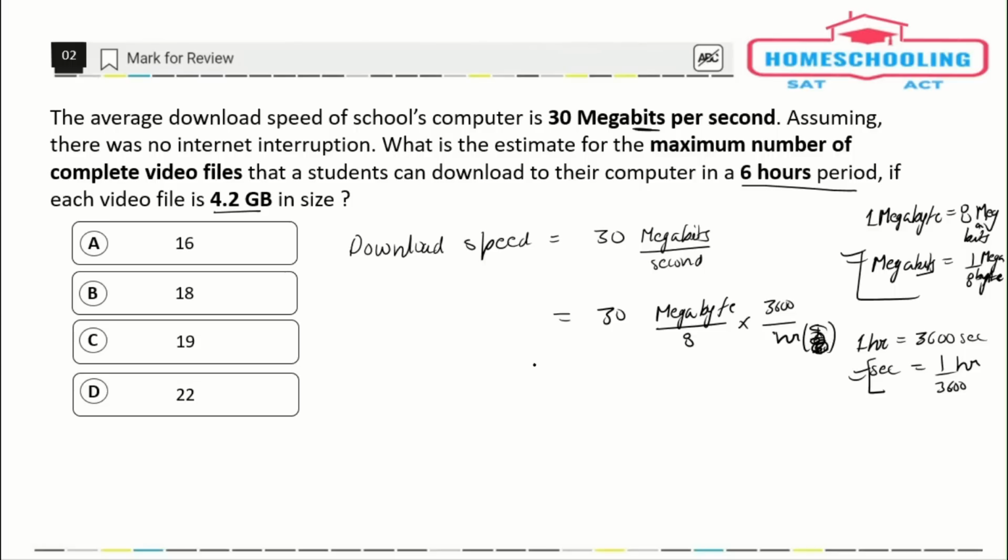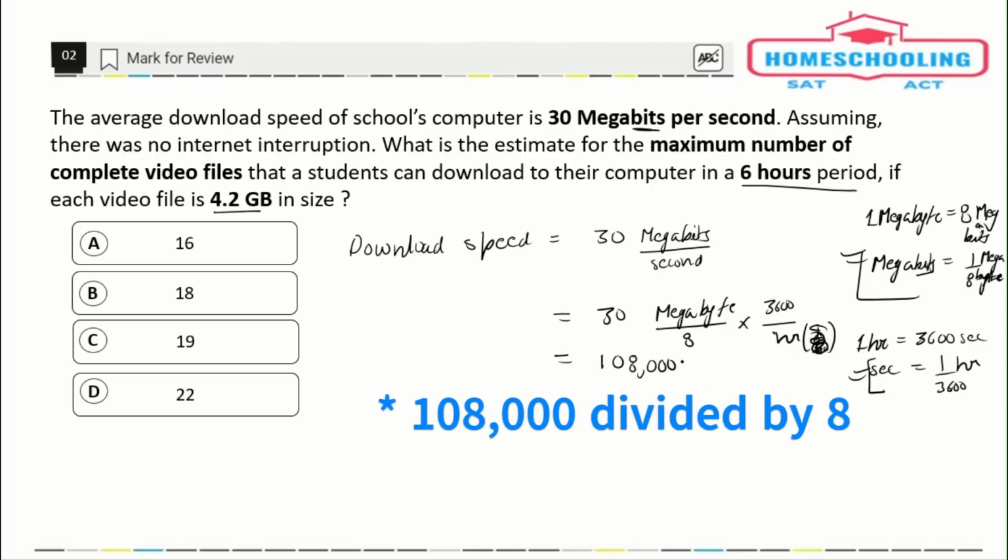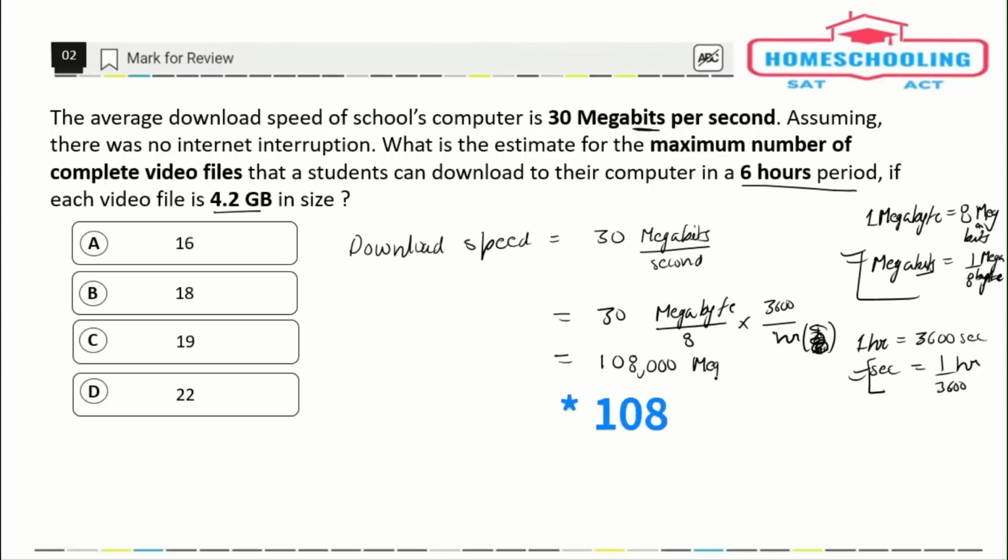So now if we multiply them, our answer would be 108,000 megabyte per hour. Now we have to convert that megabyte into gigabyte.